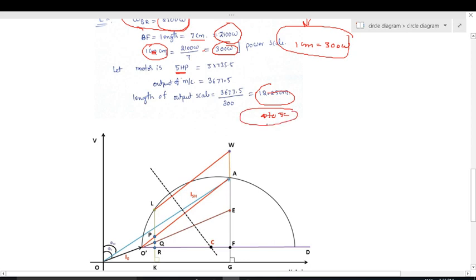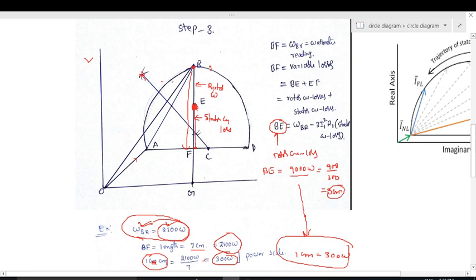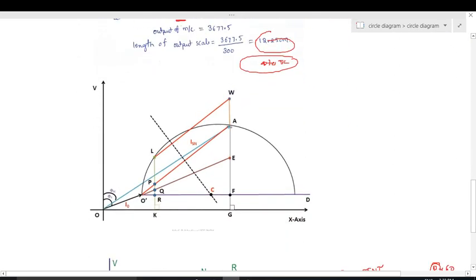I assumed 4 centimeters. So how to locate this distance? From this point we should take 4 centimeters upwards vertically.